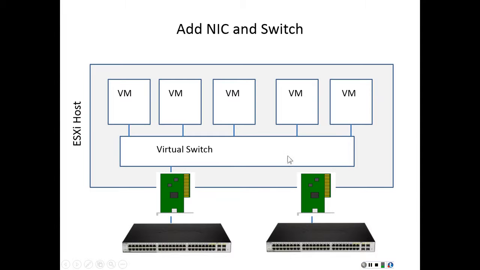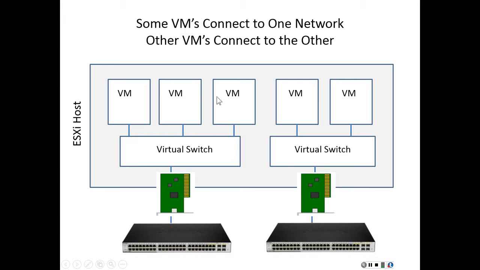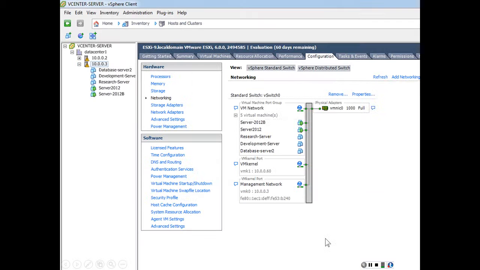So what I do is I create a separate virtual switch, and then I configure it so these virtual machines connect to this virtual switch, which connects to this physical network interface card, which connects to this physical switch. And then these virtual machines over here connect to this virtual switch, which connects to a different network interface card and which connects to a separate physical switch.